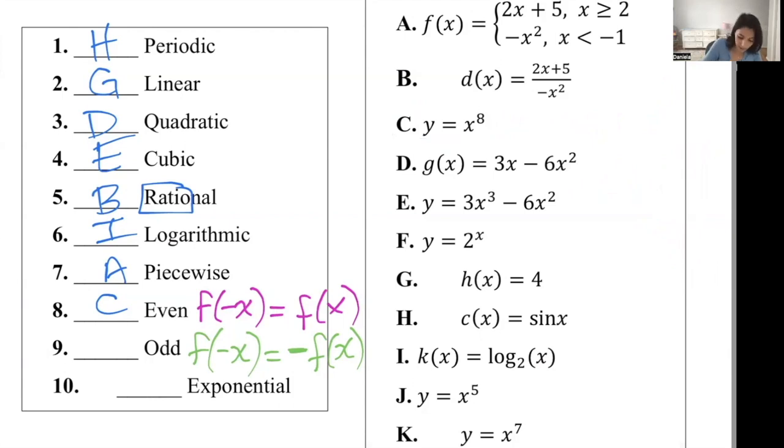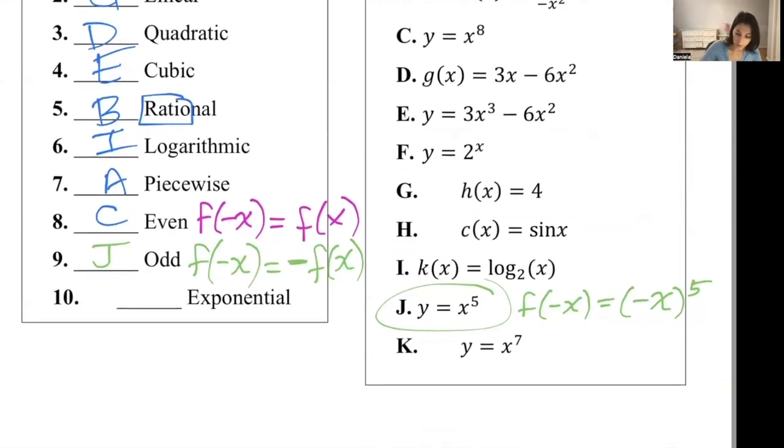So number 9, that is going to be J, okay? So if I substitute negative x into the function, remember, if you have something raised to the odd power, then it's going to give me a negative, right? Or I can multiply negative x times itself 5 times, but regardless, we simplify it that way.